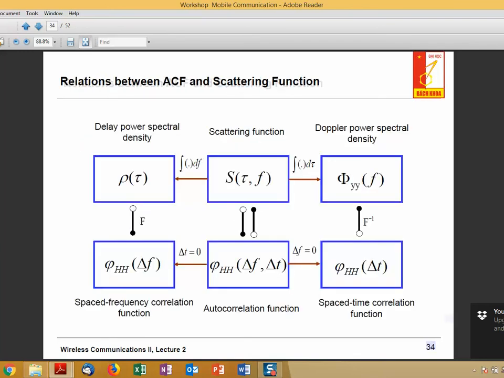Now we have this relation. Please take a look at this relation.